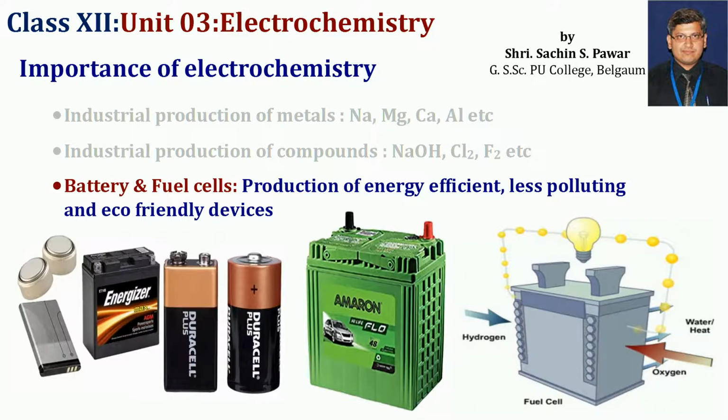Electrochemistry has an application in the working of various kinds of batteries which we use. We use pen cells, button cells, the batteries used in our two-wheelers, four-wheelers, and fuel cells which are basically used in rockets. All of them work on the principle of electrochemistry, and the working of all such batteries we are going to learn in this topic.